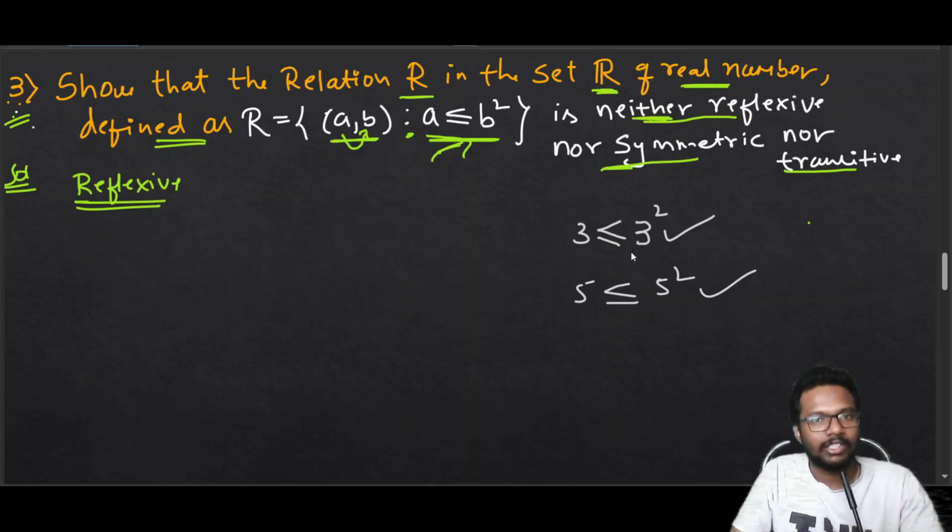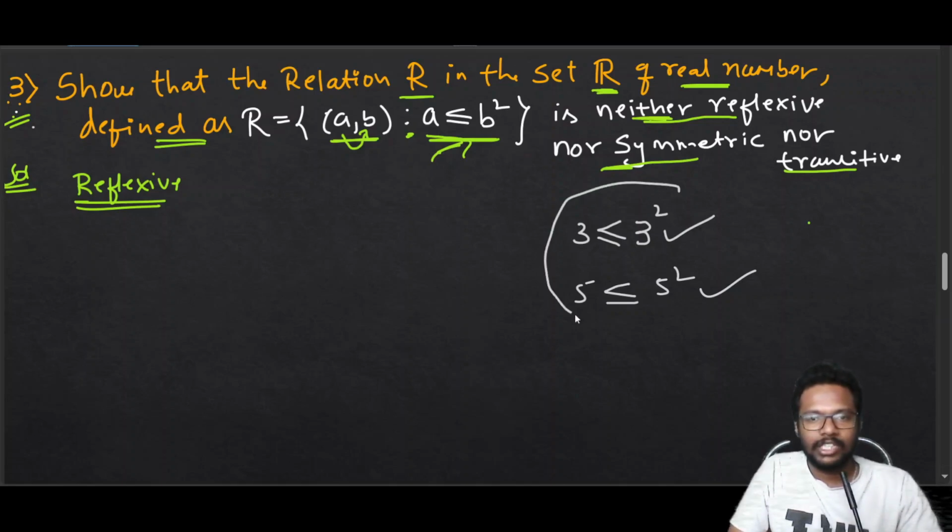But we can't conclude R is a reflexive relation, because to say so it has to satisfy each and every element of the real numbers. We are just finding 1, 2, 3 values that satisfy, but for the remaining values we have to find a value that does not satisfy the relation.